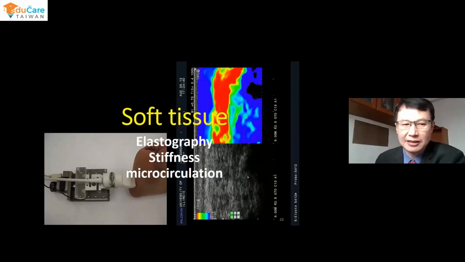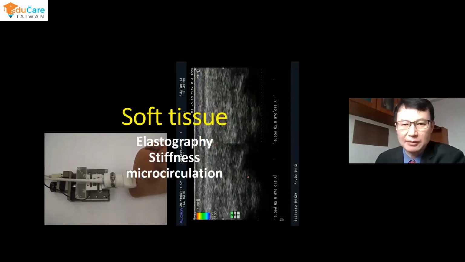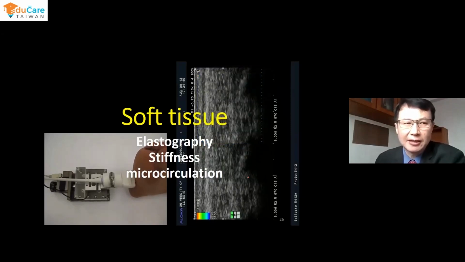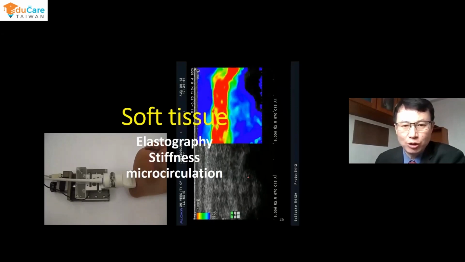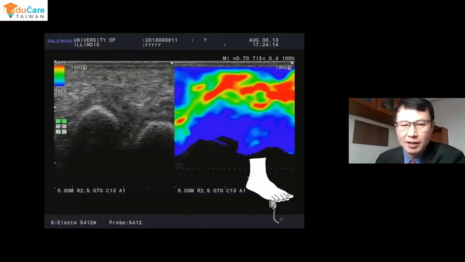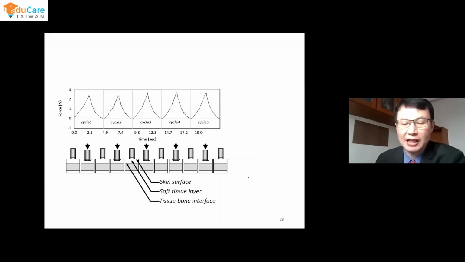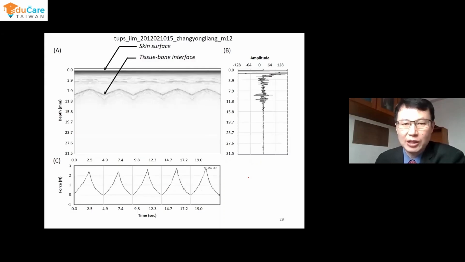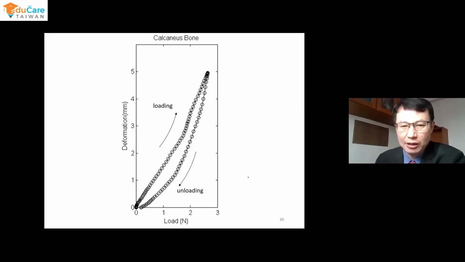That is the worst, because when you amputate your foot, you just lose your leg, lose your foot. So soft tissue stiffness is very important, and we can use ultrasound to detect the Young's modulus.